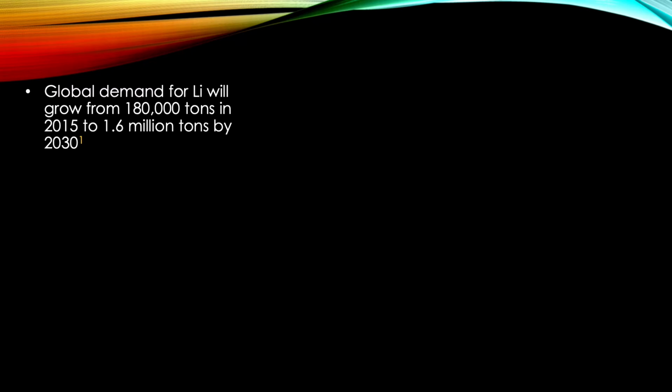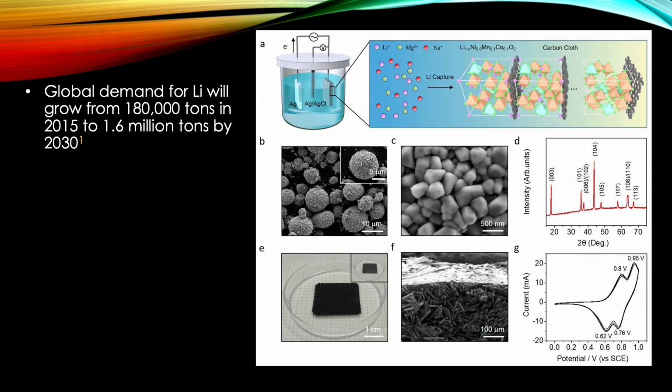Global demand for lithium will grow from 180,000 tons in 2015 to over 1.6 million tons by 2030. So how are we going to increase our lithium production? One way to do it is to increase production from seawater and salt lakes.